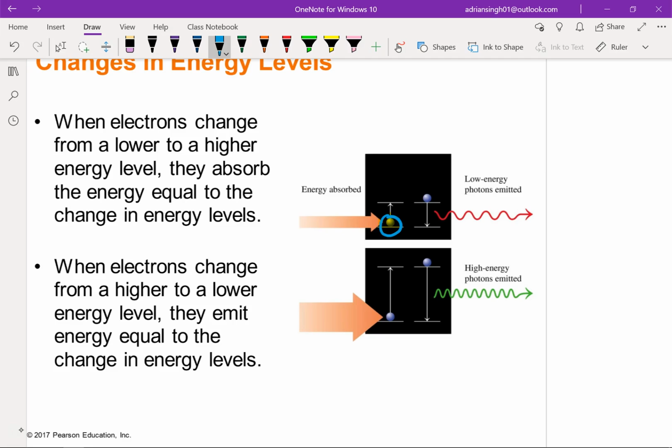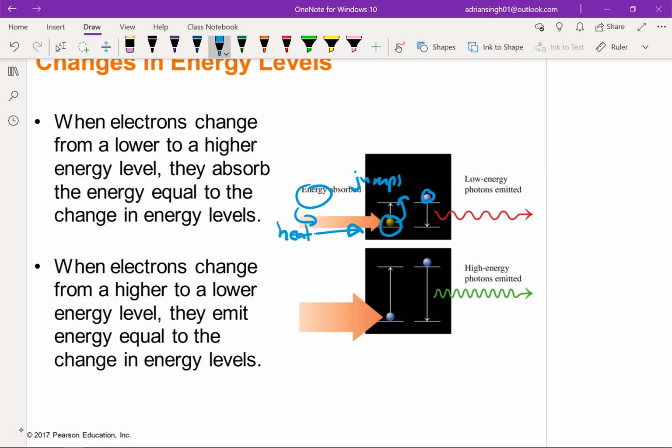This is an electron. We're going to give it some energy, okay, maybe heat or something. Then this electron here absorbs that energy and it jumps to a higher energy level, so maybe over here.